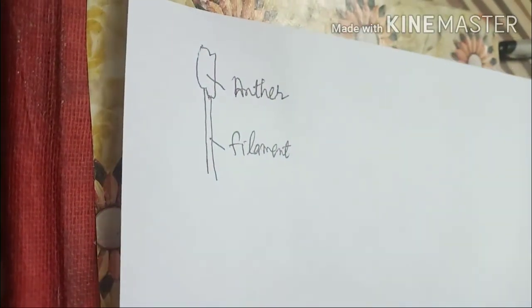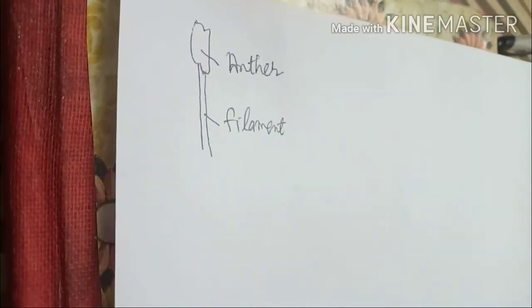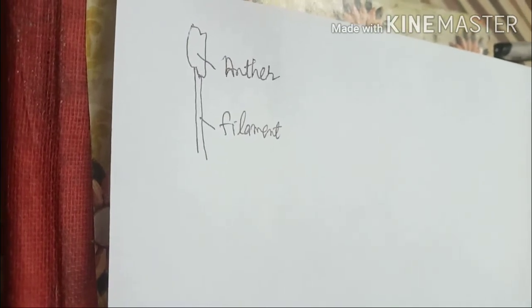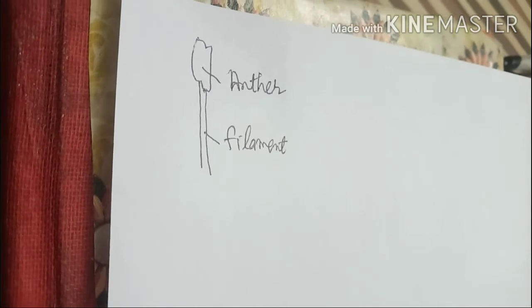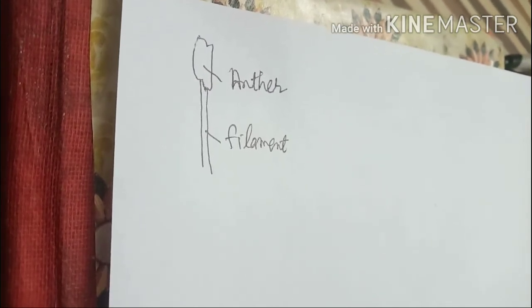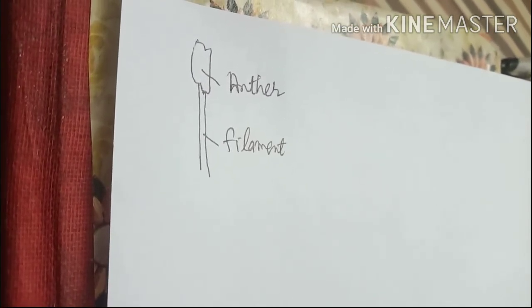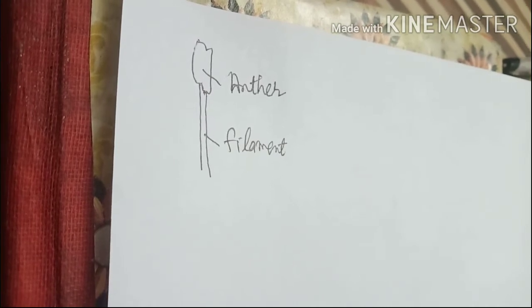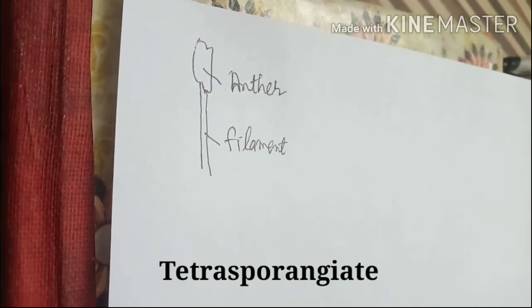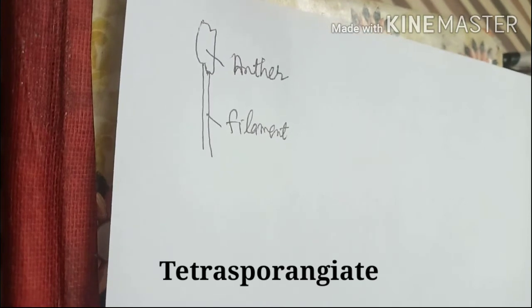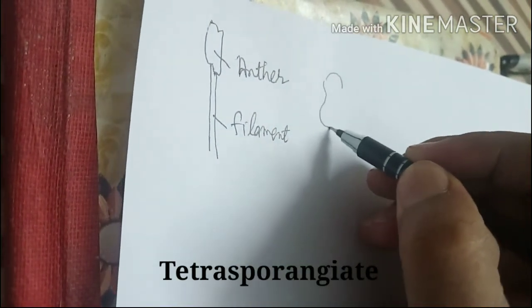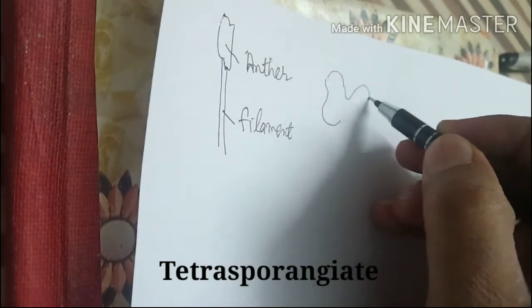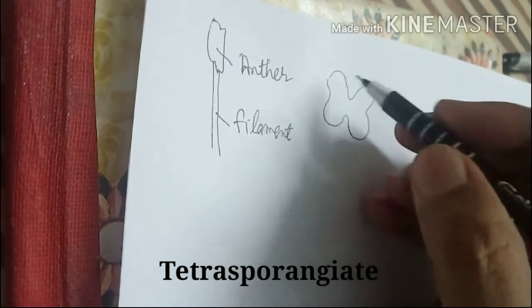This anther has two lobes and each lobe contains two pollen sacs. In this way, each anther is tetrasporangiate. This is one lobe and this is the other lobe.